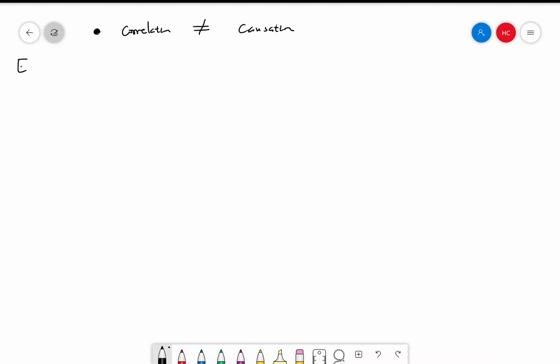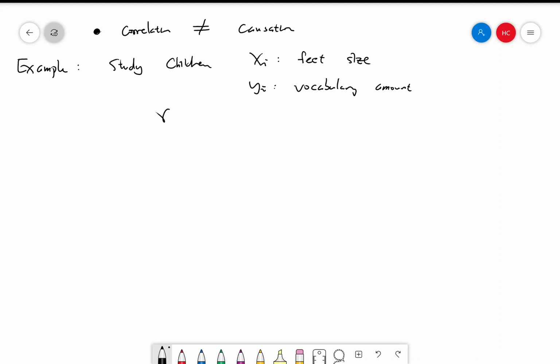The most common example is that if you study children and x_i is the feet size of the children and y_i is the vocabulary amount, basically the amount of vocabulary this child knows, then if you actually calculate the correlation coefficient, you realize that x and y are positively correlated.